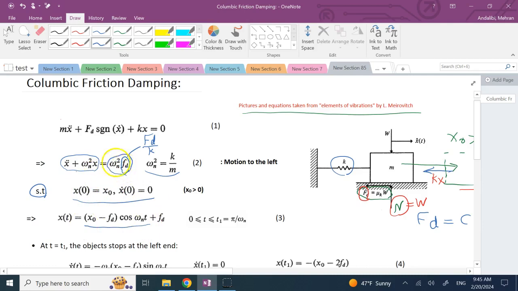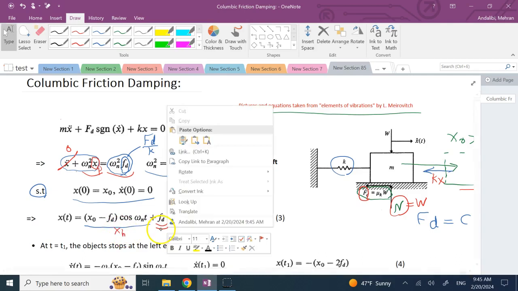And this part here is going to give us a particular solution. For the particular solution, if that particular solution is constant x, so this guy is 0, you see that omega n squared x particular is omega n squared Fd, so x particular is the same as Fd, and that is this guy here. So this is x homogeneous, this is x particular.